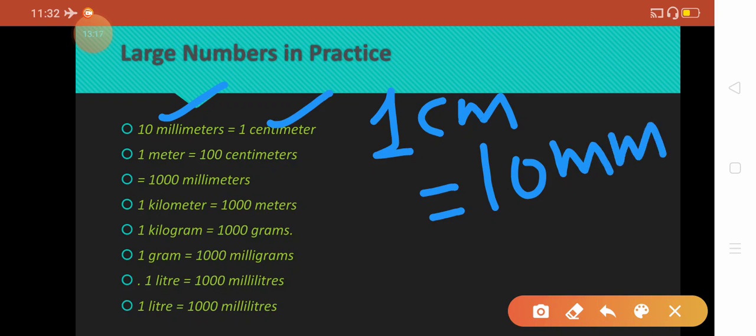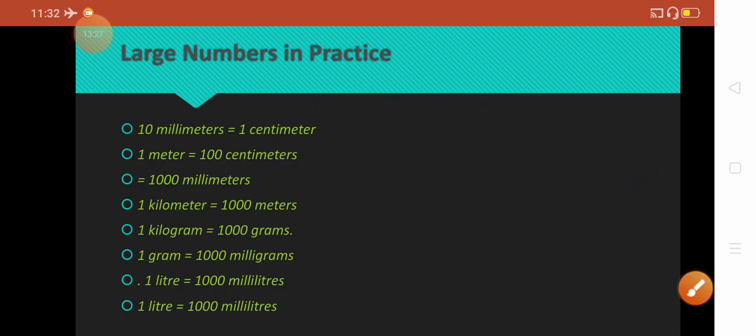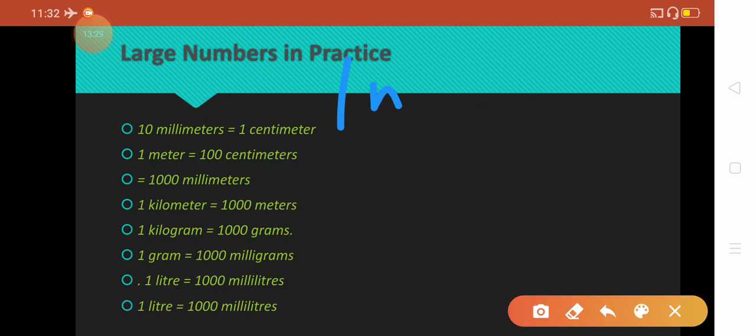You have studied this. Mm is equal to millimeter. So 1 centimeter is equal to 10 millimeter, and 1 meter is equal to 100 centimeter. So here one more thing is there, 1000 millimeter.